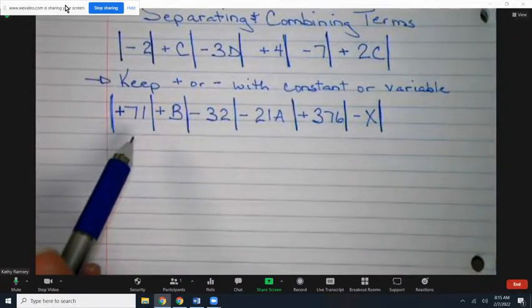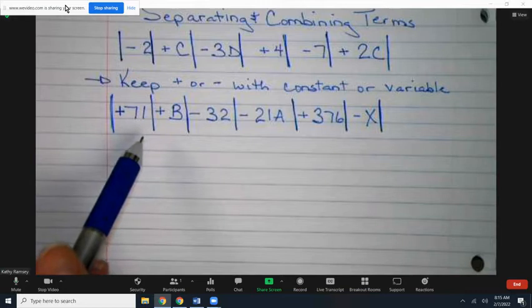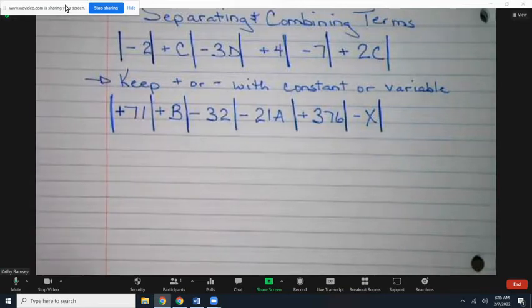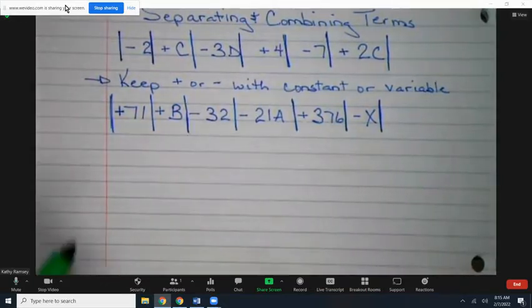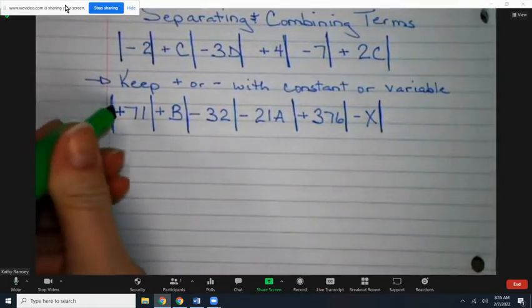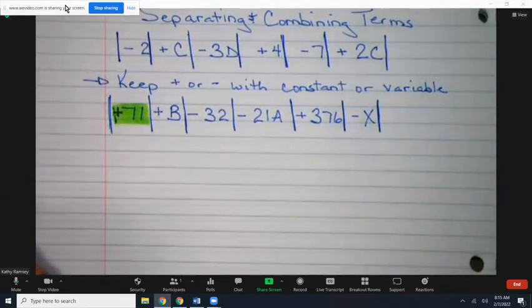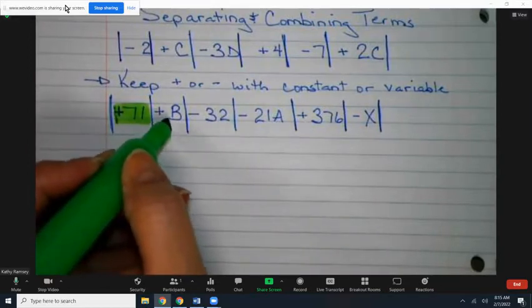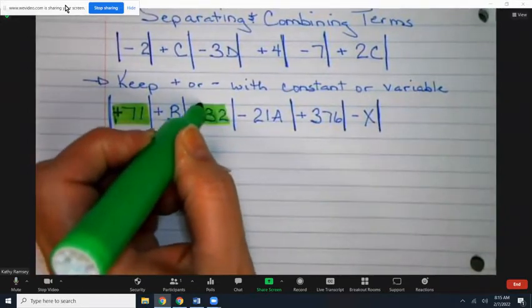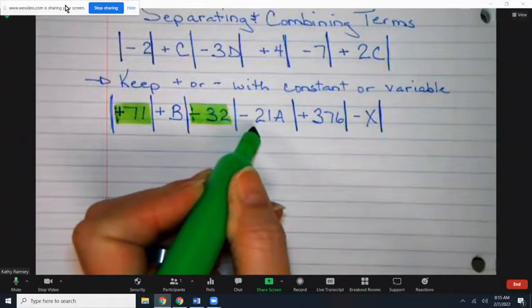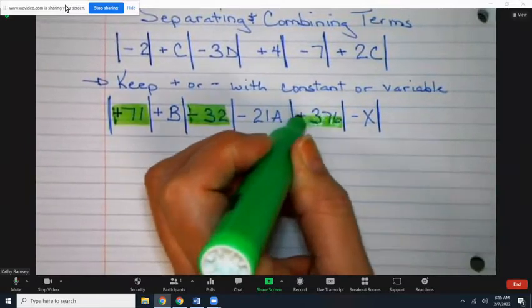What we know with this one is that we can combine things that go together. So let's take one of our highlighters and let's highlight anything that is just a constant. So B is a variable, we're not going to use that. A is a variable, we're not going to use that.